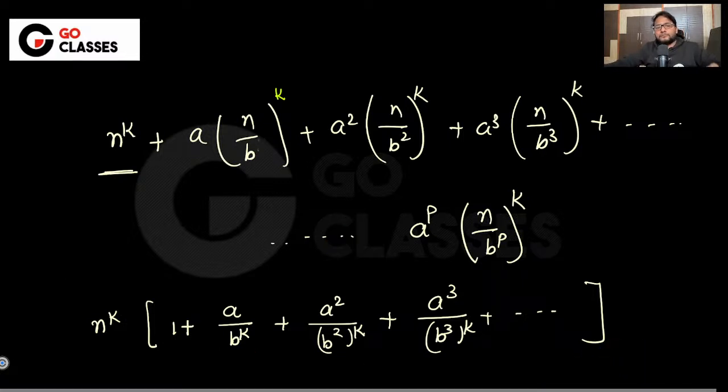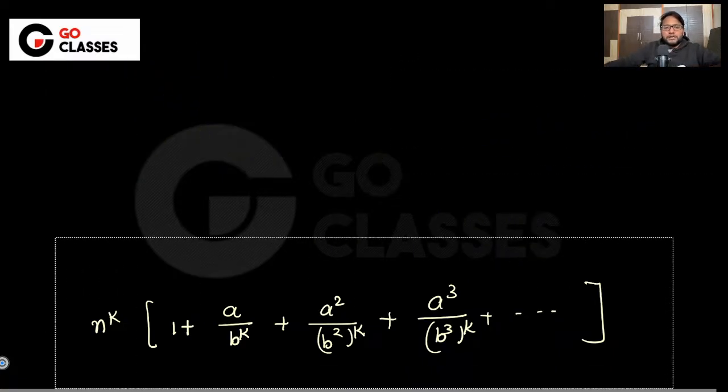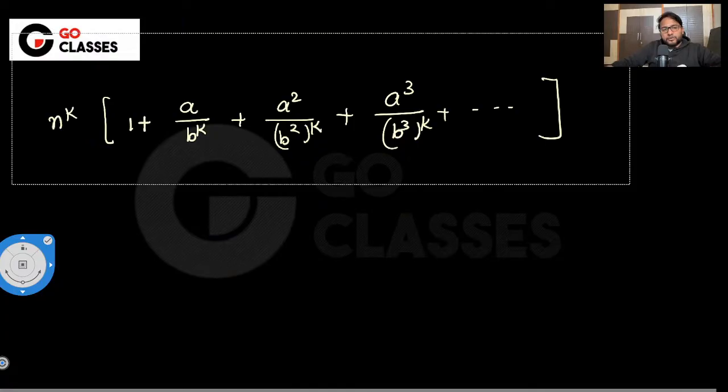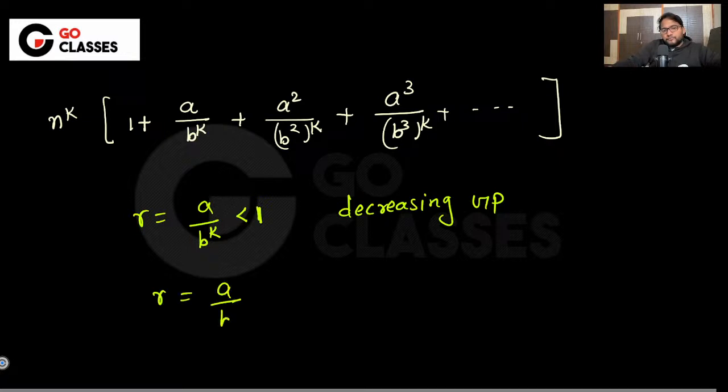From here, the common ratio is a upon b power k. If the common ratio is lesser than 1, then it is a decreasing GP. If the common ratio is greater than 1, then it is going to be an increasing GP.